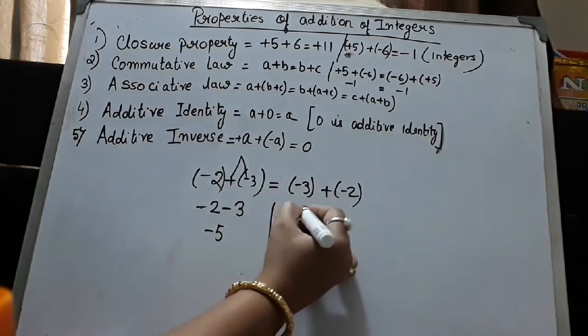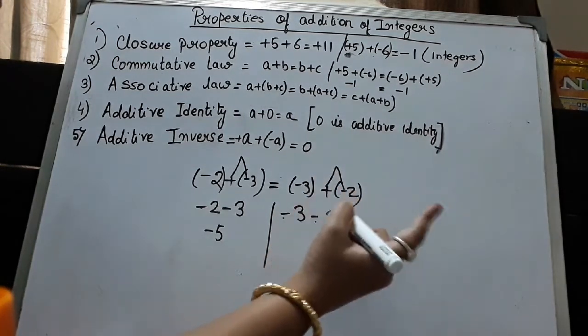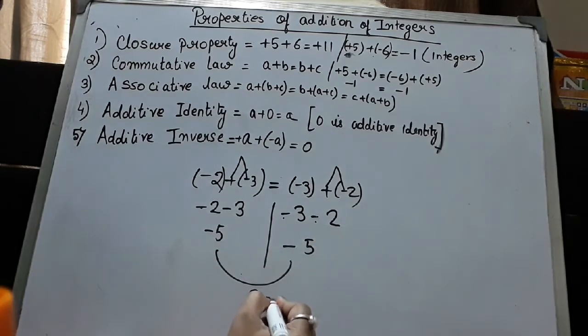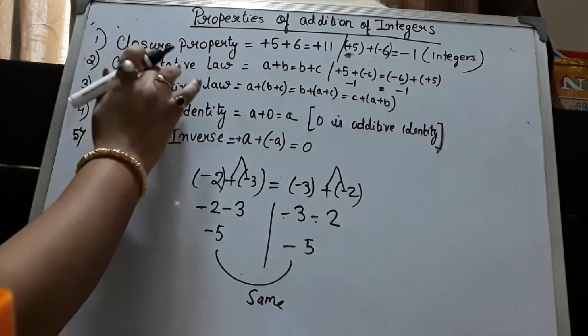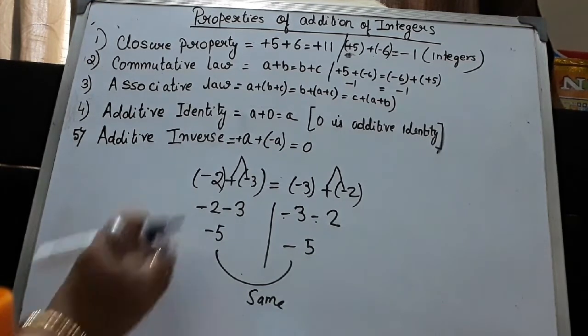On this side too, minus 3 plus minus 2 gives the same. That means this property is called the commutative law of addition. I hope it is clear.